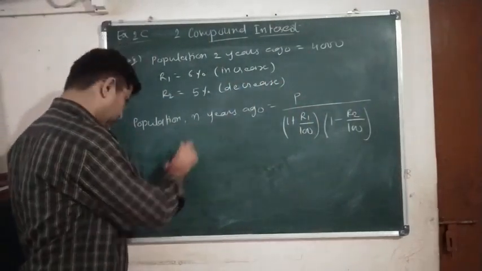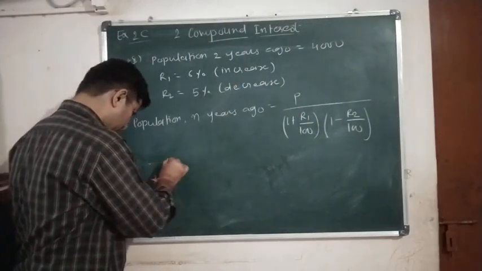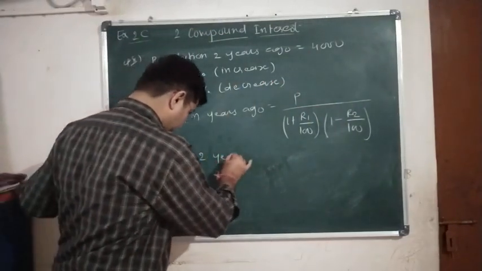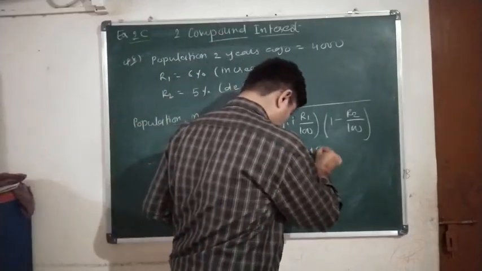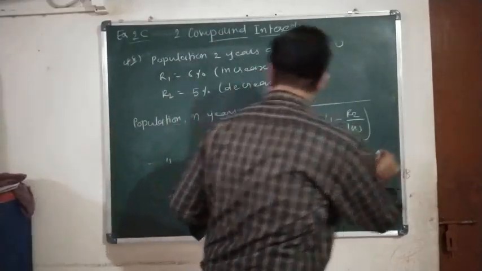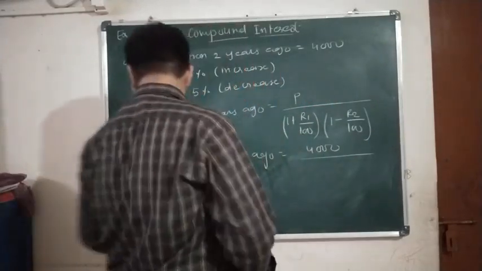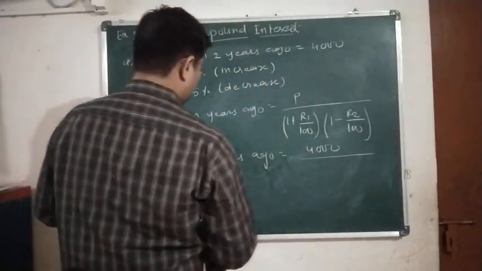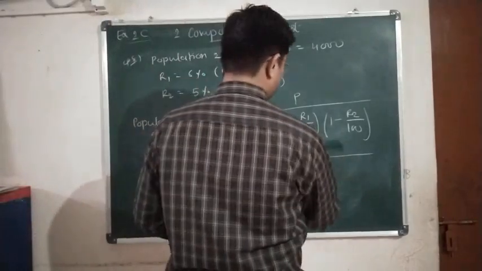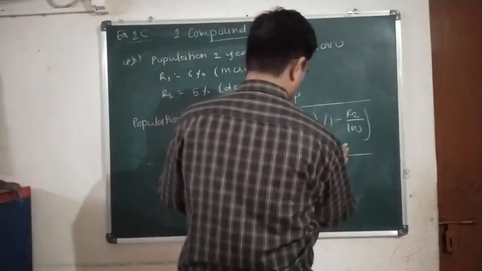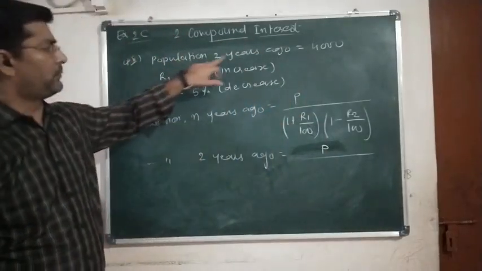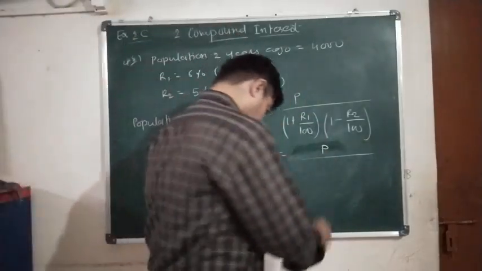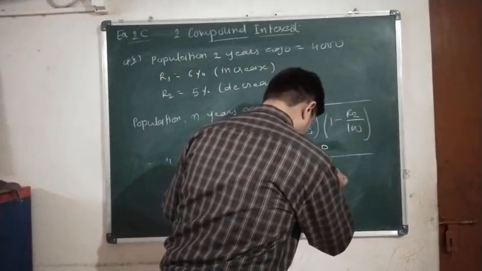Now let us put the values in the formula. n is 2. Sorry, in this case the present population is not given, we have to find it. We are given the population 2 years ago. Let us put the other values.